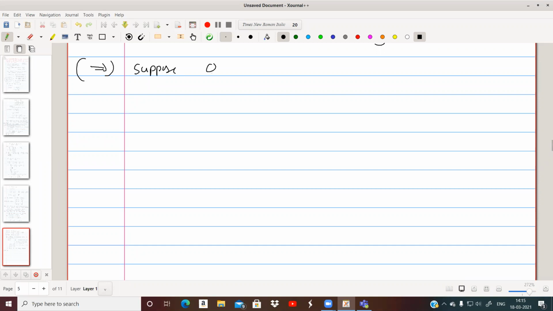Suppose phi 1, phi 2, phi n, which are solutions of L of y equal to 0, are linearly independent. What is claimed?